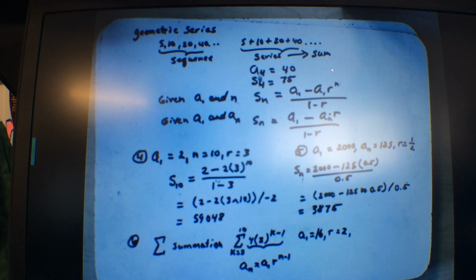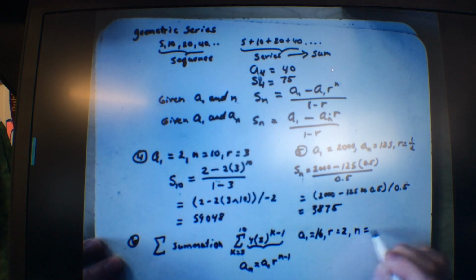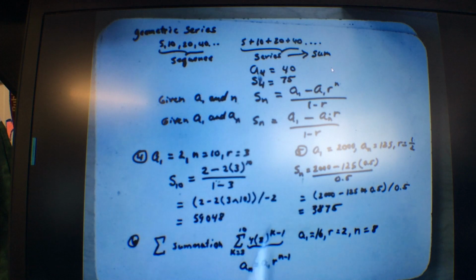My apologies. R is 2, right? But how many terms are from 3 to 10? Well, count them. 3, 4, 5, 6, 7, 8, 9, 10. How many? 8. So n is 8.